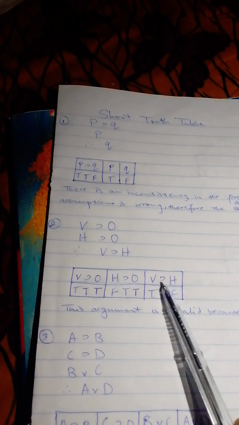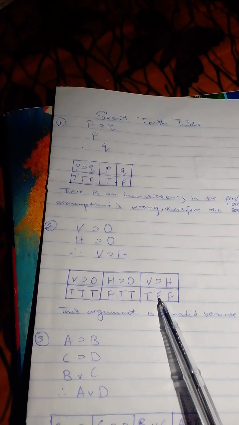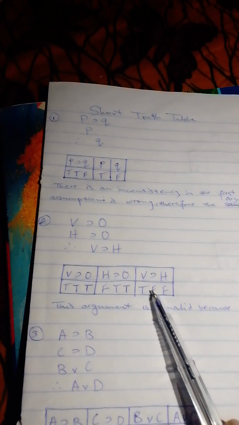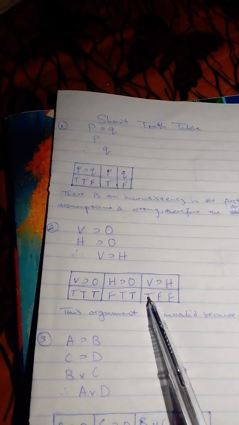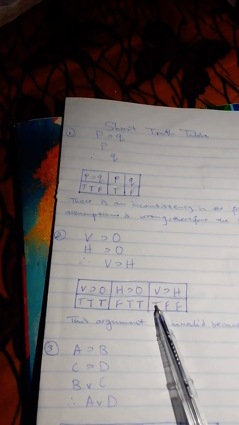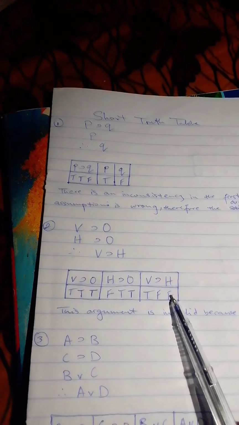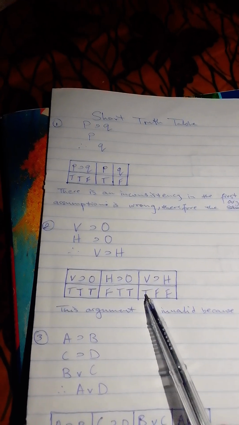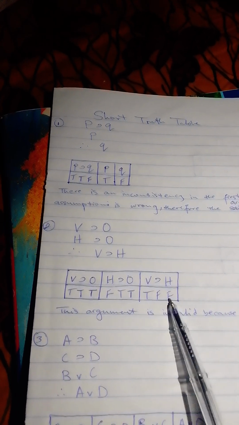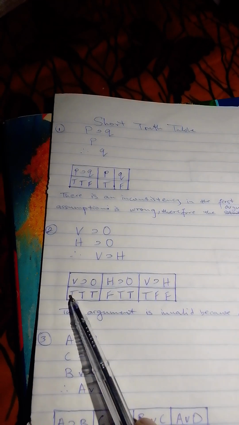In a conditional statement, for us to get false, it states that the antecedent will be true while the consequent will be false. So antecedent true, and consequent false gives us this false. Therefore, anywhere we see V, we add true.